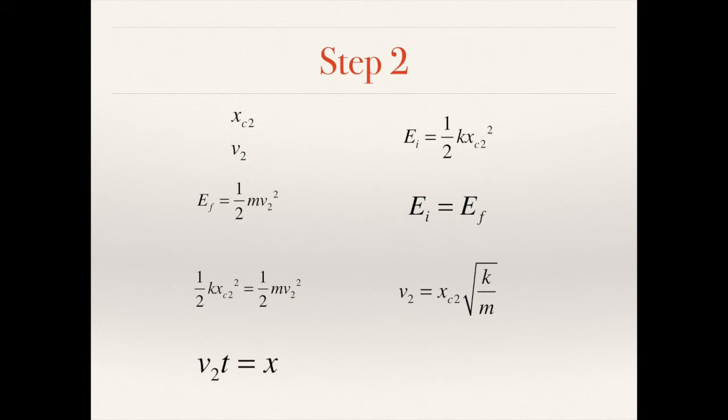Then again, velocity times time equals the distance, so v2 times t equals x, and this is what we're given: the distance between the edge of the table and the center of the box is 2.2 meters, so v2 times t equals 2.2 meters.